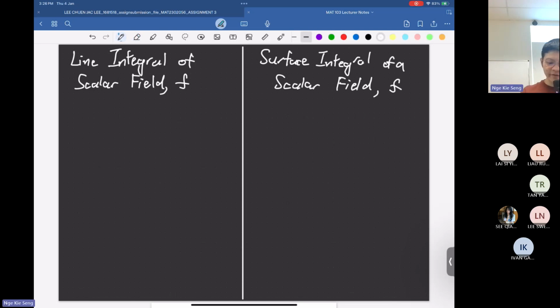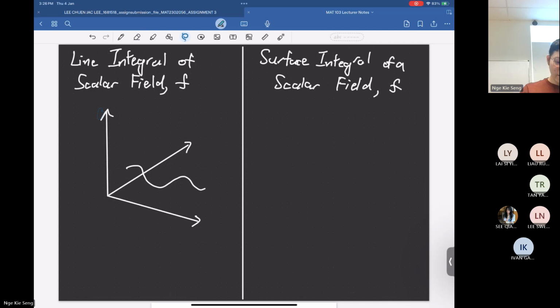So what's the picture you have to have in your mind when I talk about line integral? You need to imagine there's a line running in the space. Okay, what's the scalar field? Scalar field you can imagine as a surface.